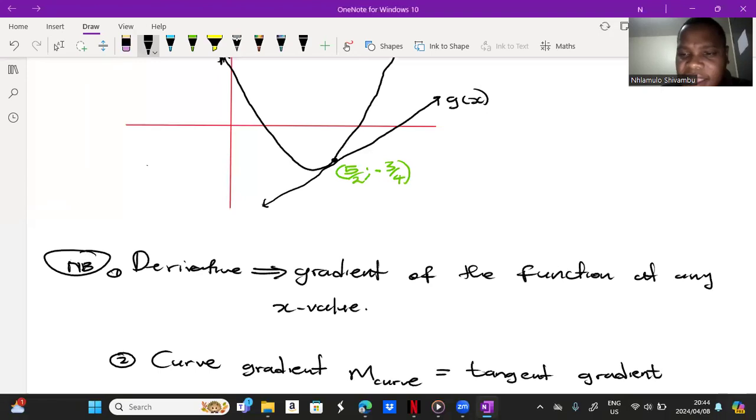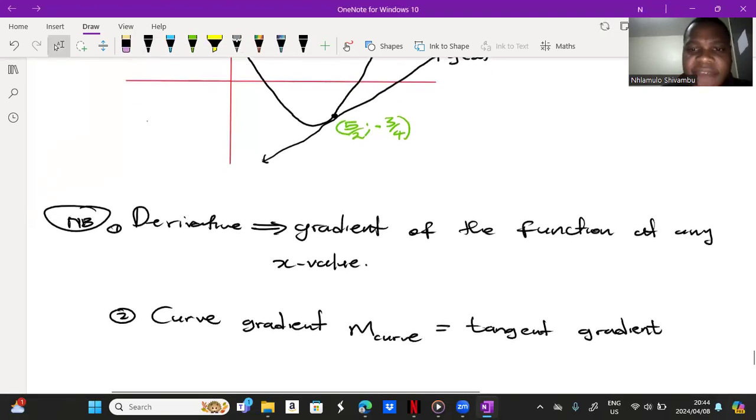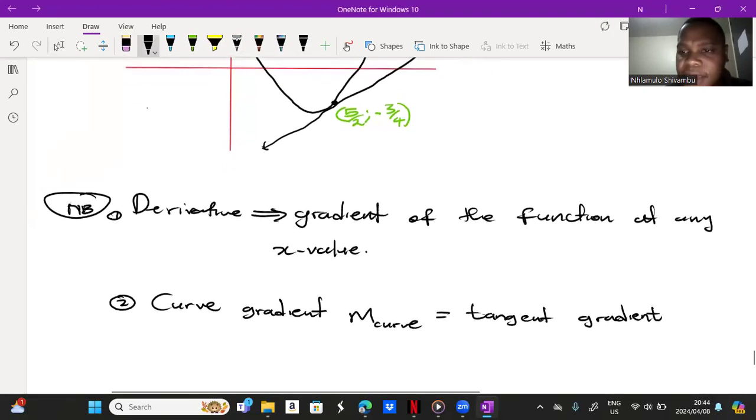So the curve and the tangent, they have equal gradients, so I'm going to call this m of the tangent. So the gradient of the curve and the gradient of the tangent are equal at the point of contact.